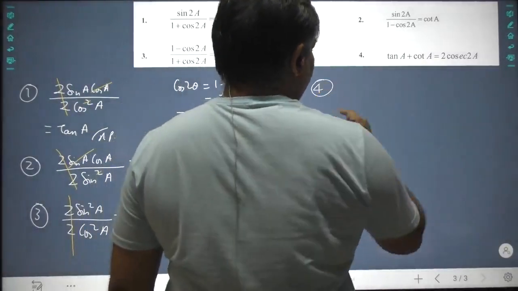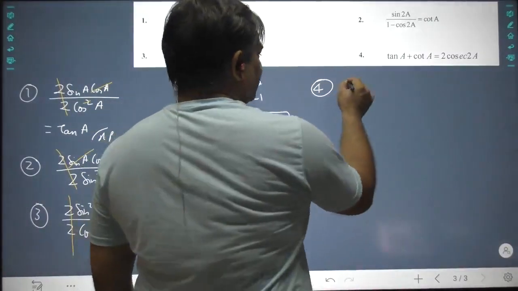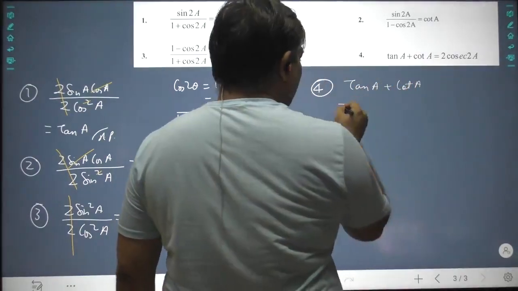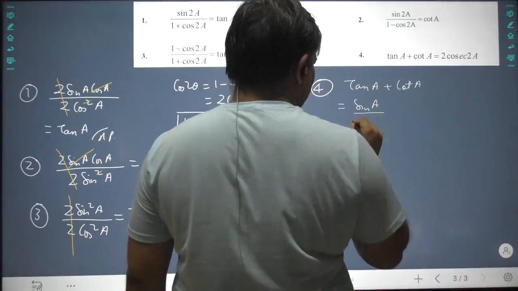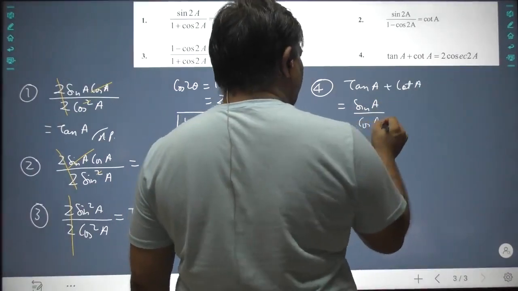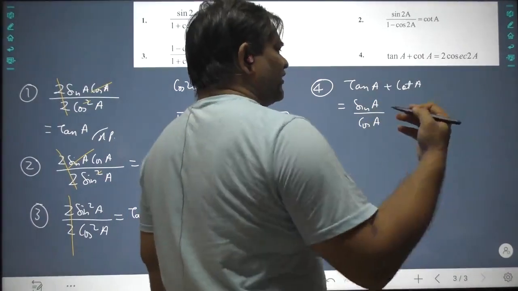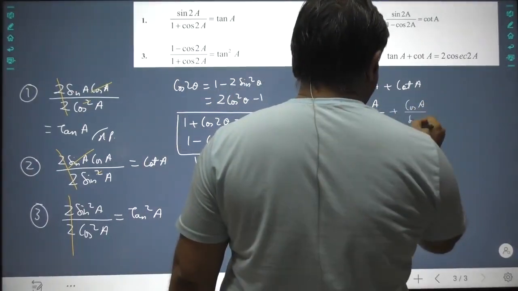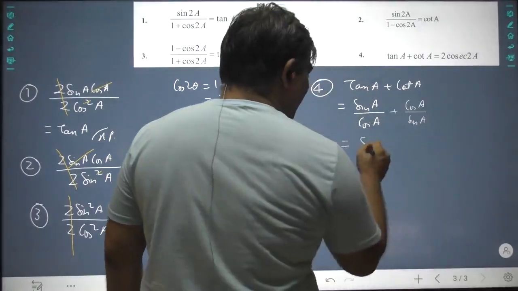Question number 4, we have to convert it to cosec 2a. So on this side we have tan a plus cot a. Let us convert to sin and cos. My teacher, my guru used to tell me, if you don't understand any question in trigonometry, convert to sin and cos. So sin a upon cos a plus cos a upon sin a. Let us take the LCM.